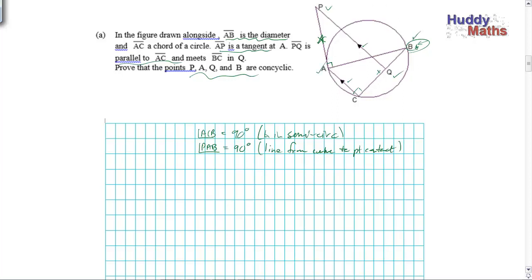Well, what's the best way? Probably to show that they subtend equal angles on the same side. So we've got PB subtending a 90. Can we show that this one is a 90? Yes, we can. Probably we won't use that one. We'll use BQP.